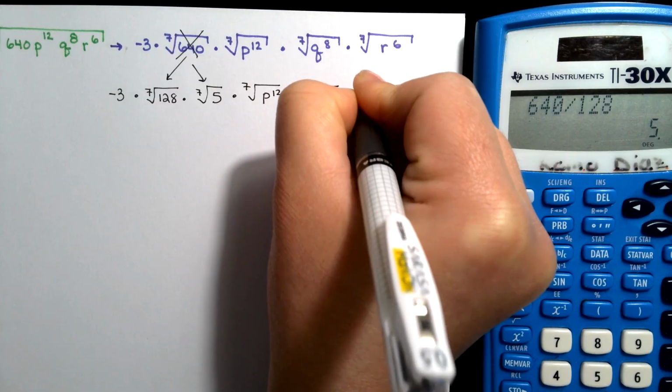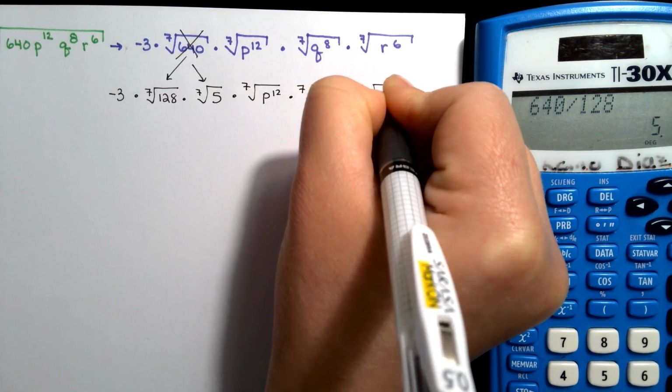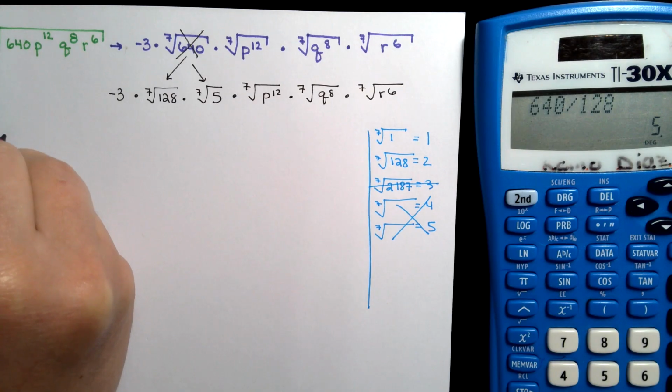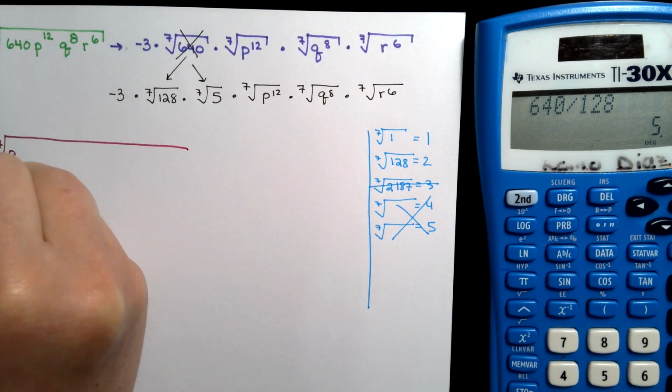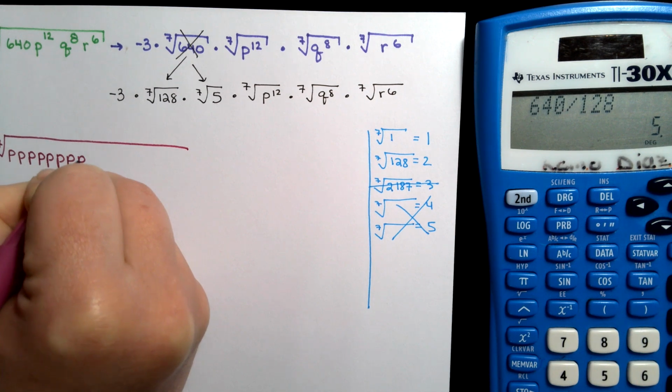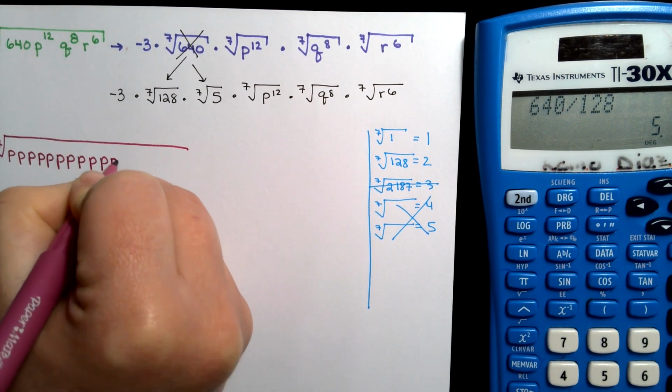And then we're going to focus on our variables. For our variables, I'm going to need some space. So I'm going to say 7th root of p to the 12th power. We're going to write this out: 1, 2, 3, 4, 5, 6, 7, 8, 9, 10, 11, 12.